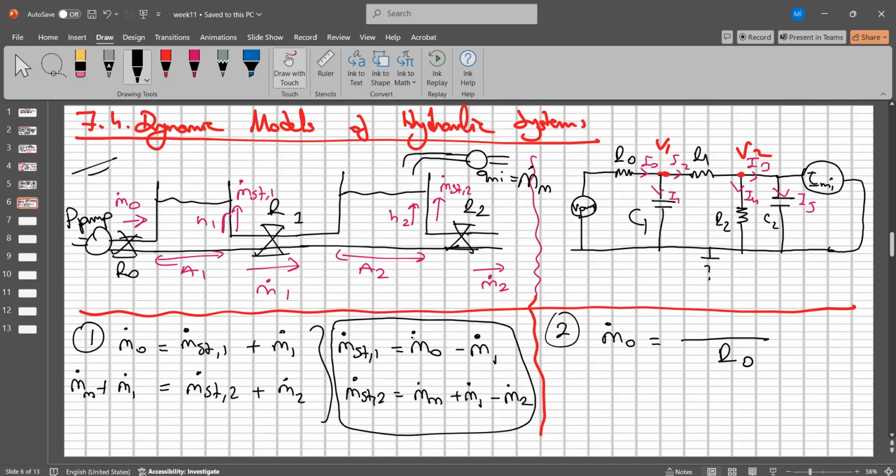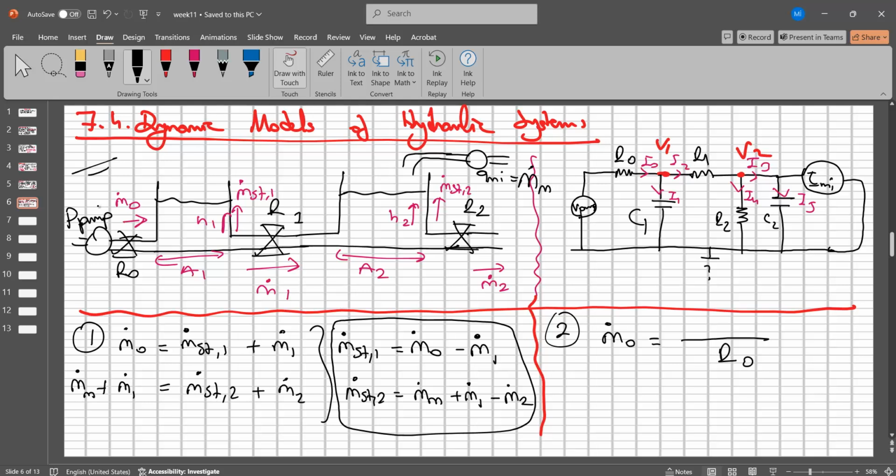Yes, because the m0 is applied on the r0. But how can we write the upper part? Yes, but how can we write the delta P? What's the left-hand side?